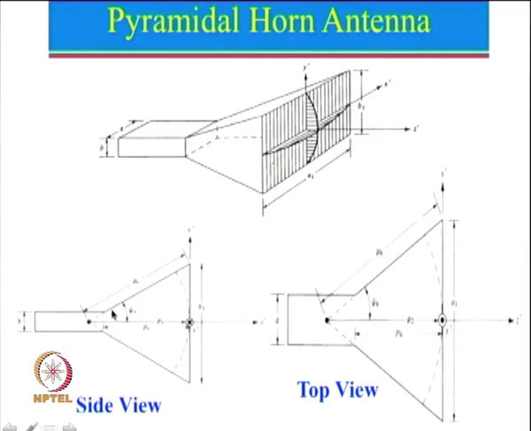Whereas what we were earlier looking at is the phase center. Now, the phase center for this particular case is different than the phase center in this case here. The reason is that the flare angle here may not be the same as the flare angle in this particular direction. We can have a larger phase error in the H plane, and a lesser phase error in the E plane, because the amplitude is uniform along this.